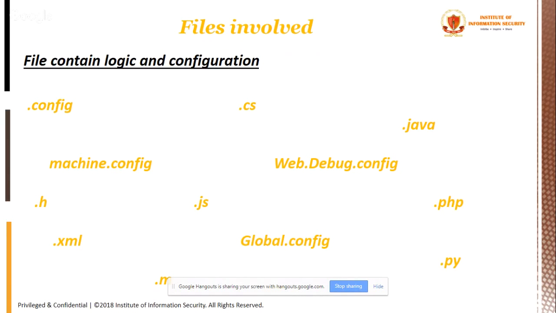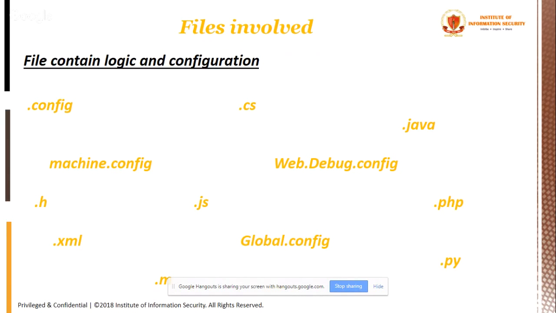Obviously, before performing, we need to gather information about each and every technology. If there is a Java project, what files will we be supposed to get from the client, and what data will each file contain? So I added some of the files over there.